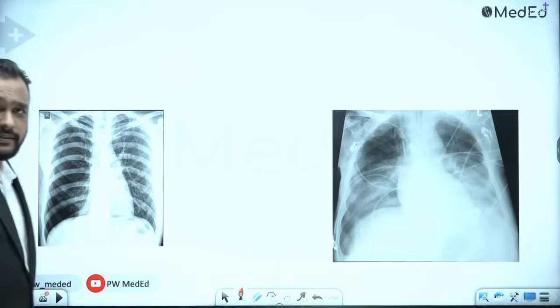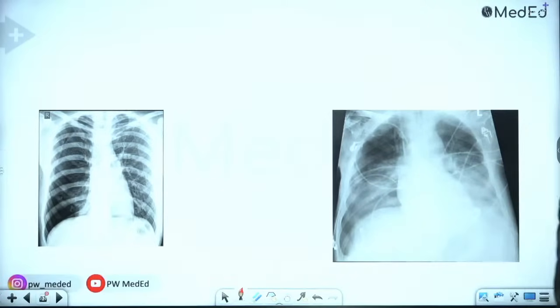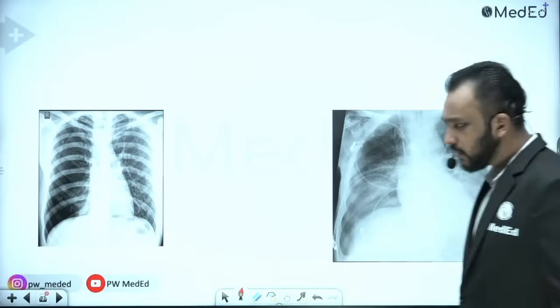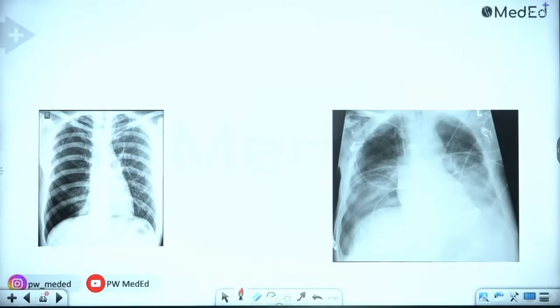Now take a look at this X-ray and tell me what is your diagnosis for this case. Anyone?